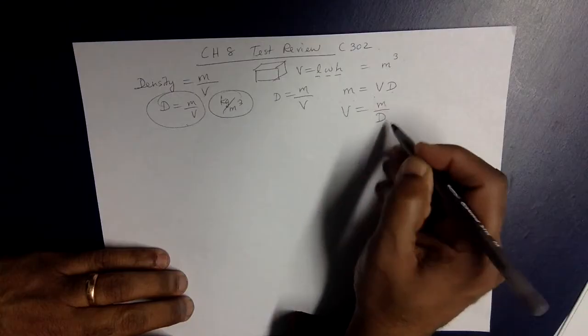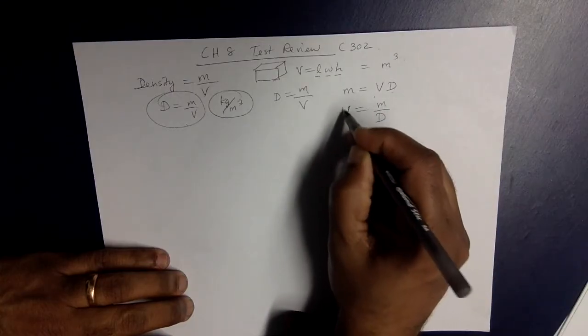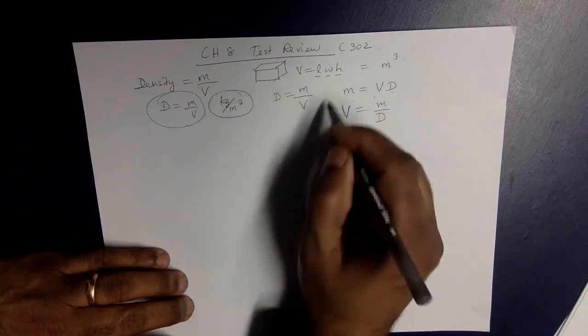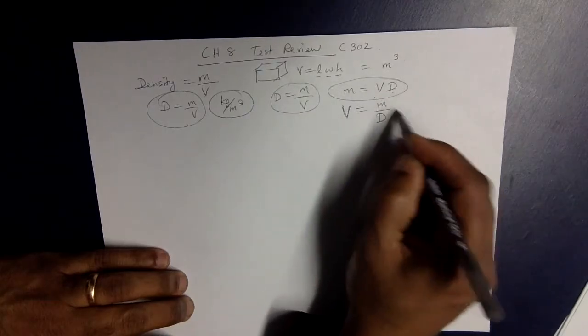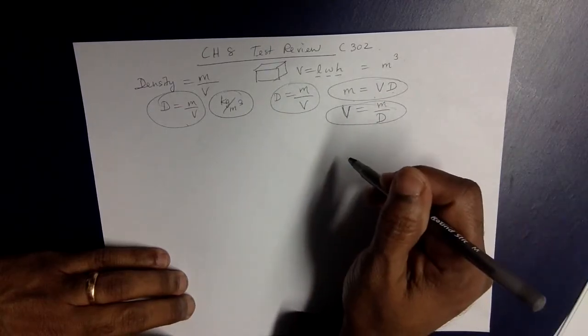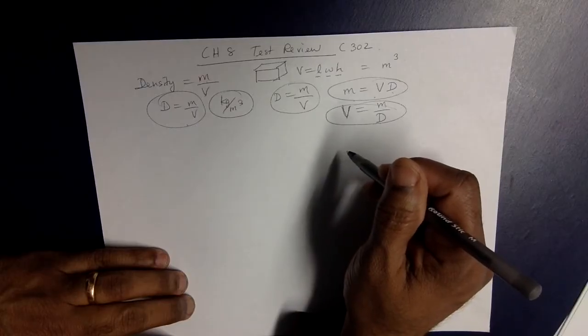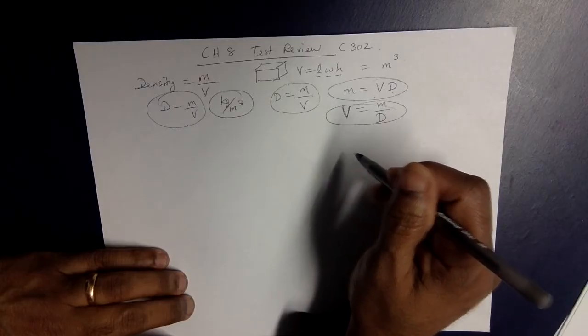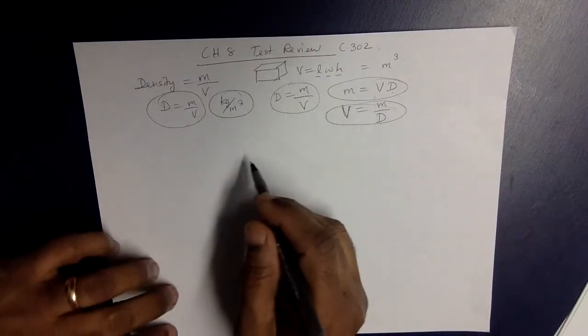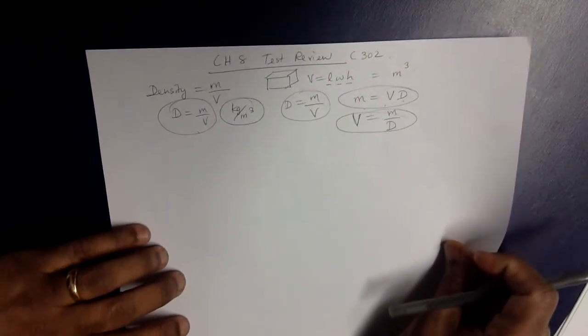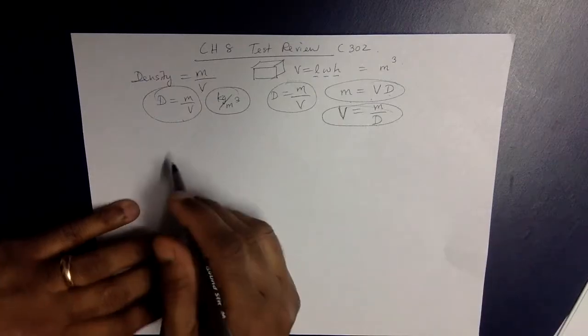So if you're given the mass of the object and the density of the object, you can figure out the volume of the object. So any of these equations can be used. For example, all right, that's one of them.